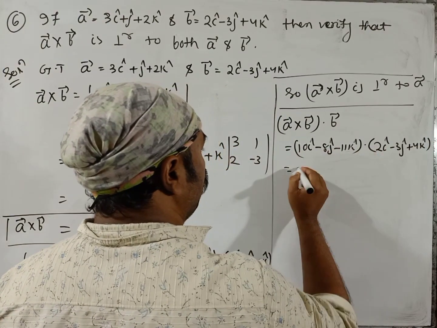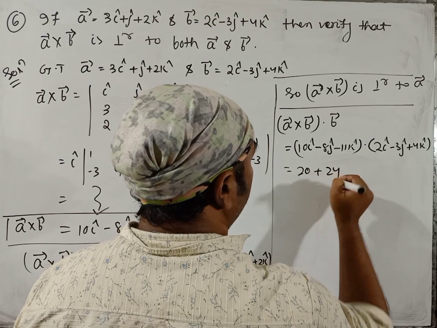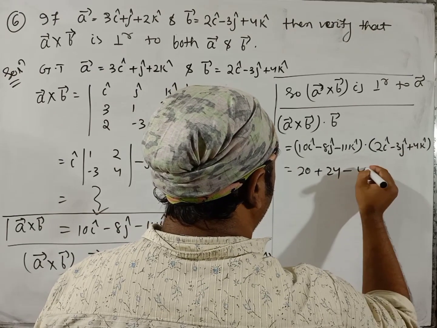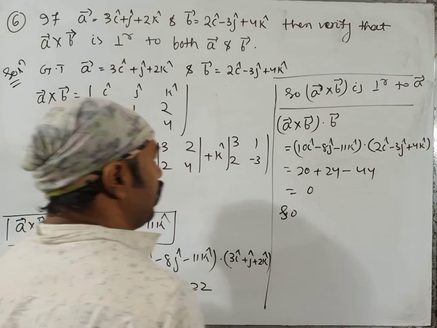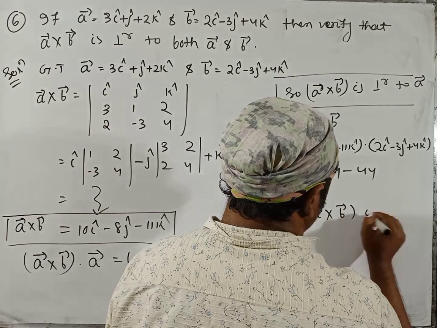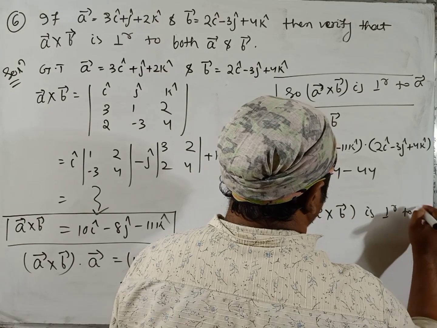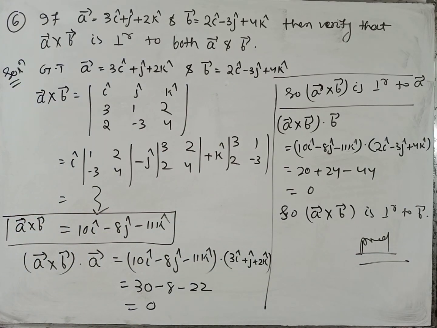It will be 10 into 2, 20, minus 8 into minus 3, it will be plus 24, minus 11 into plus 4, it is minus 44, it is 0. So it is also proved that A vector cross B vector is perpendicular to B vector, and here is the proof of the given question.